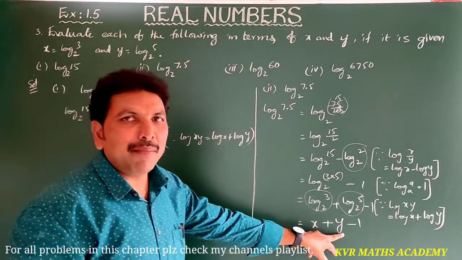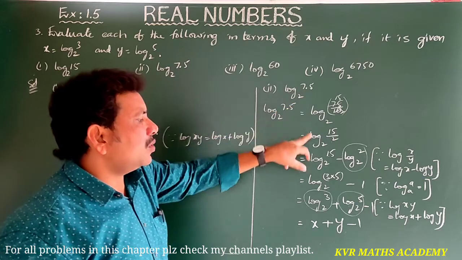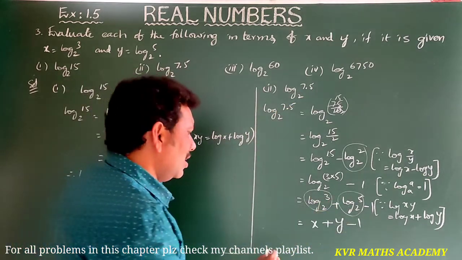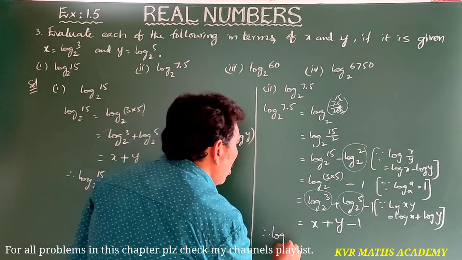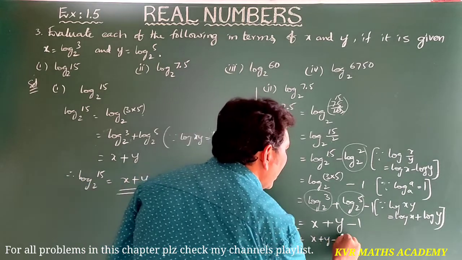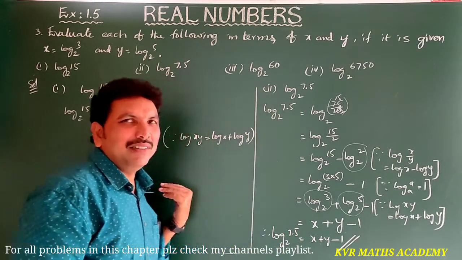So x plus y minus 1. So I have written log 7.5 to the base 2 in terms of x and y as x plus y minus 1. Therefore, write down: log 7.5 to the base 2 is equal to x plus y minus 1. Have you understood clearly? Yes, note it down.